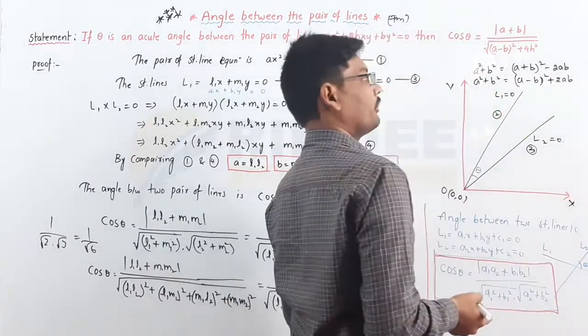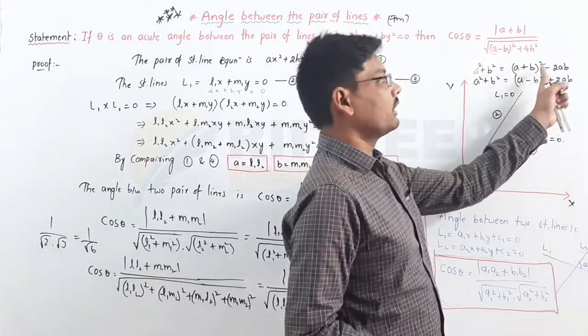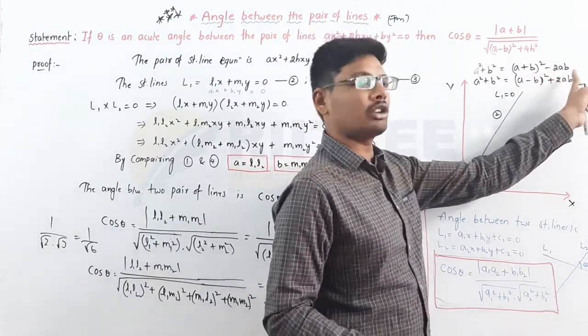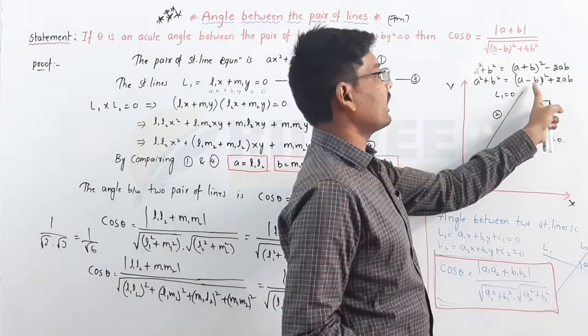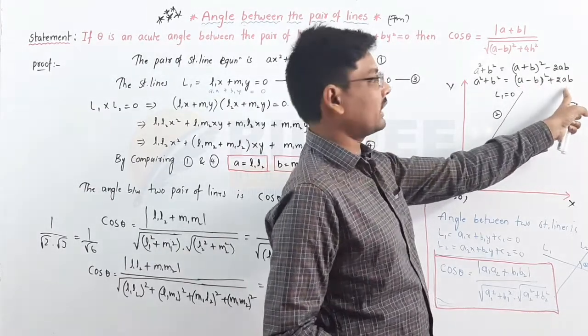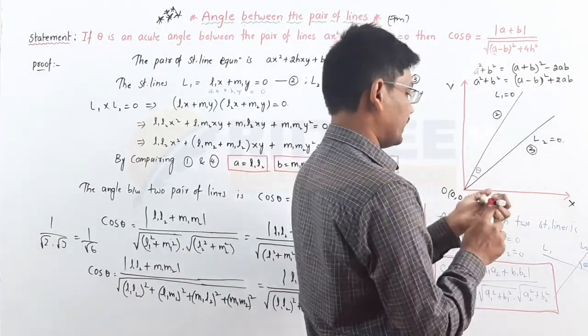Why? Because if you expand this, A square plus B square plus 2AB minus 2AB get cancelled, and A square plus B square minus 2AB plus 2AB get cancelled. These are the two formulas we require.